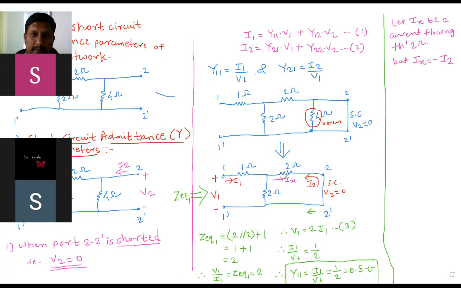Ix and I2 are both the same in magnitude but opposite in direction, that's why Ix is equal to minus I2.